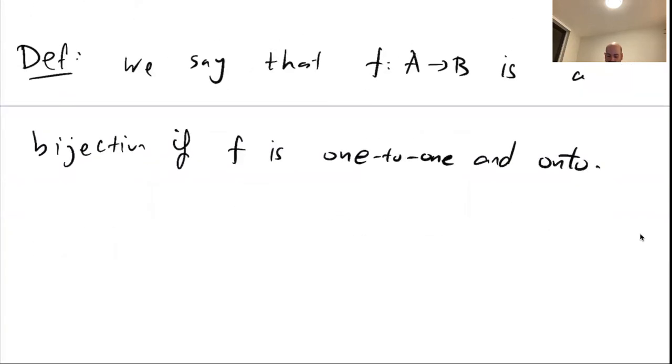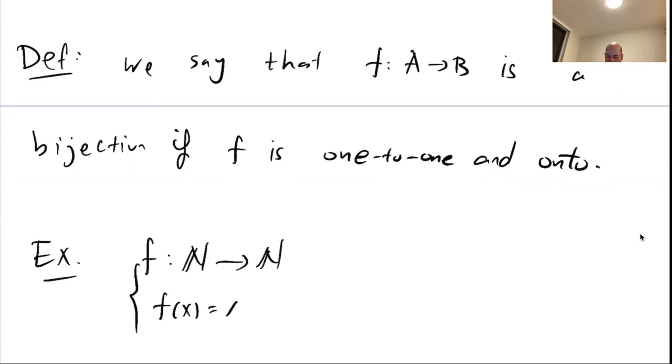So let's look at some examples. Let's say f from N to N, f of x equals x squared.